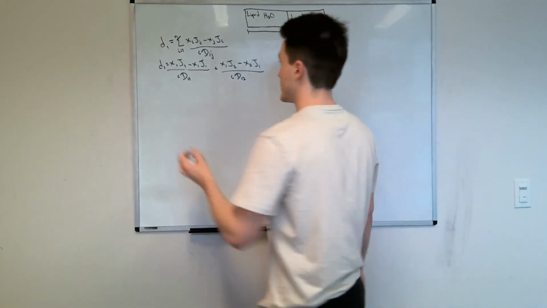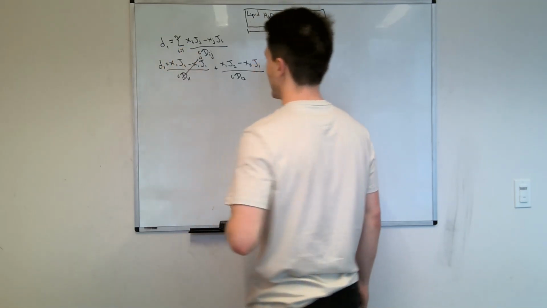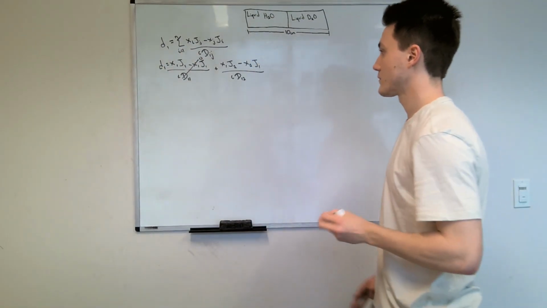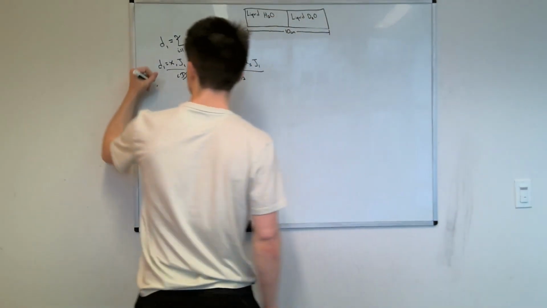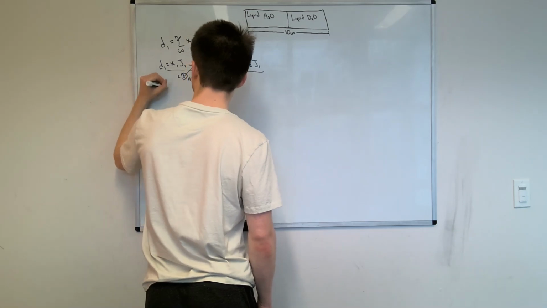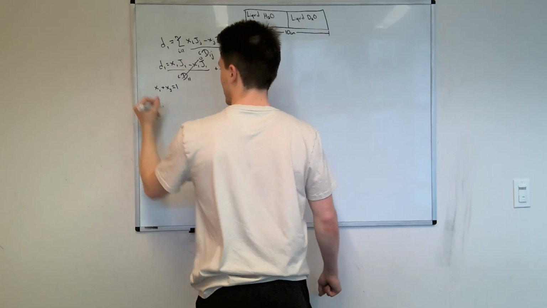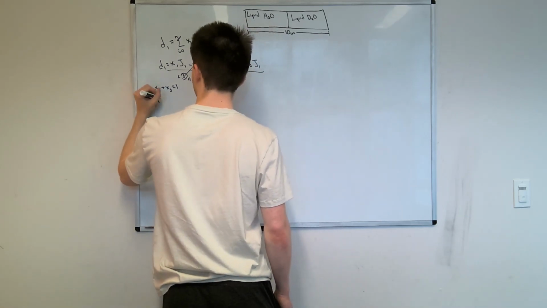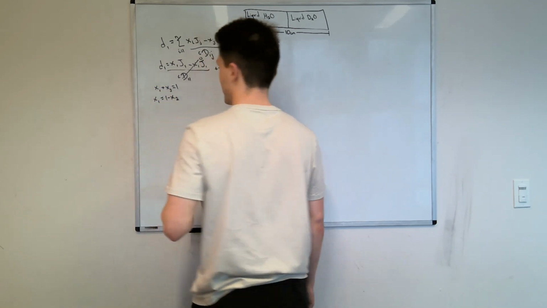So looking at this, we can see that these two values are equal, making that 0. And since this is a binary mixture, x of 1 plus x of 2 is equal to 1, or x of 1 is equal to 1 minus x of 2.